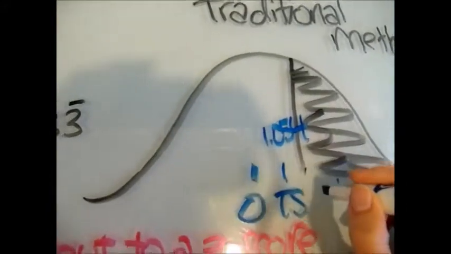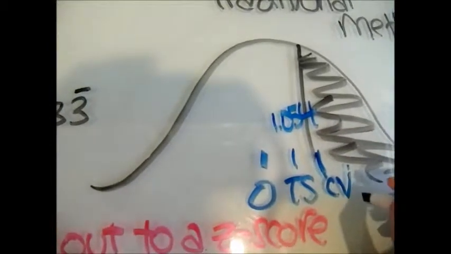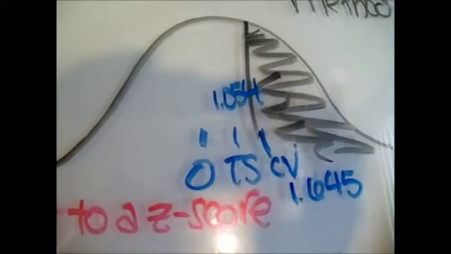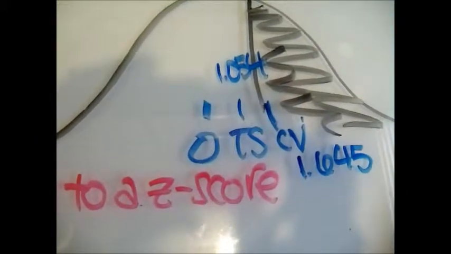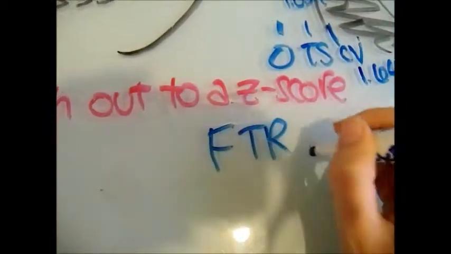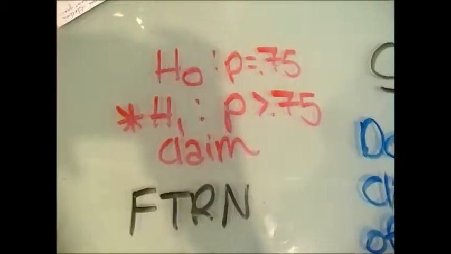However, our critical value is this line right here. So our critical value is 1.645. As you can see, our test statistic is not in a shaded region. Since it's not in a shaded region, we fail to reject the null.